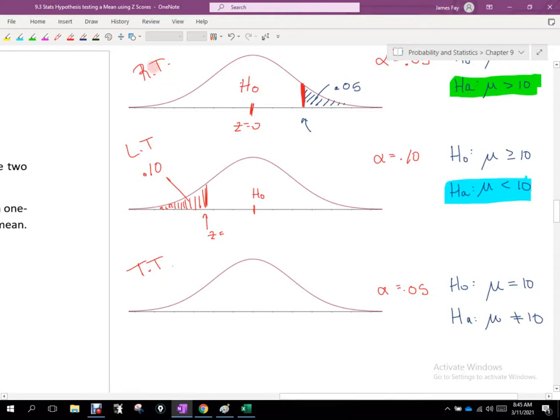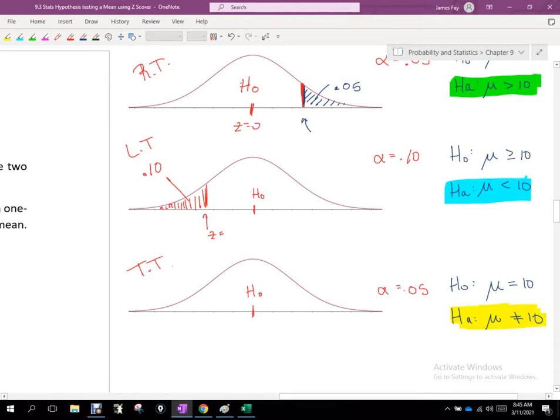Two-tailed tests are the ones that always involve "not equal to" in the alternative hypothesis. When it says not equal to, my null hypothesis, H sub 0, is right there in the middle. In a two-tailed test, we're just saying the mean is not 10.